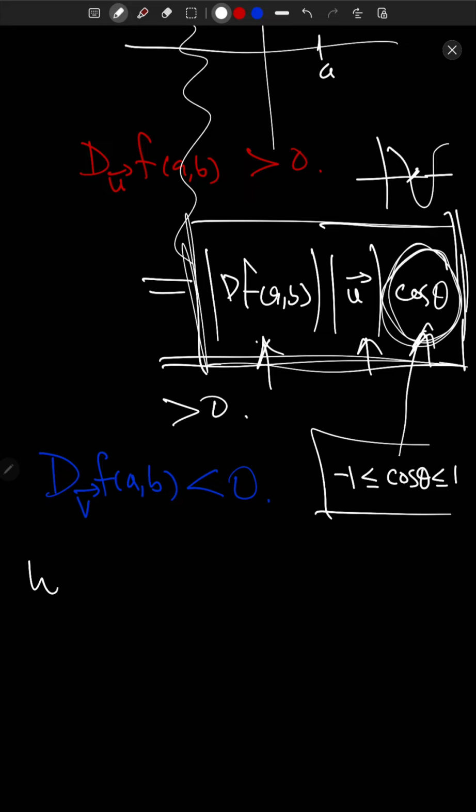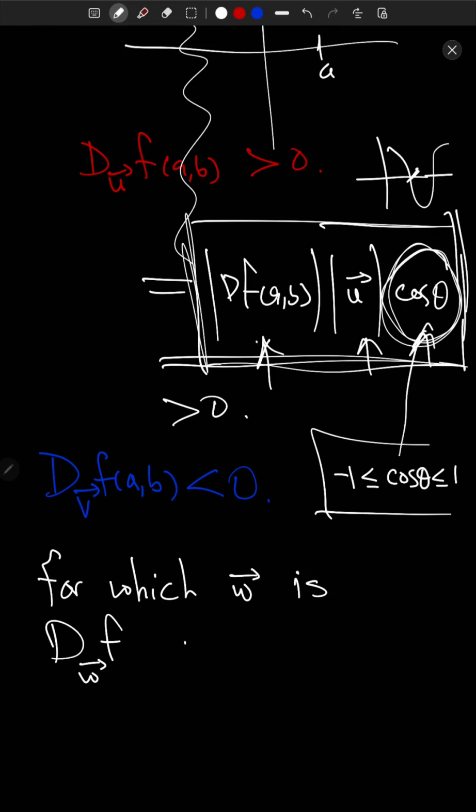So when is D_u f, or let me write like this. For which u, I've already used u, so let me use another letter. For which w is D_w f as big as it can be?